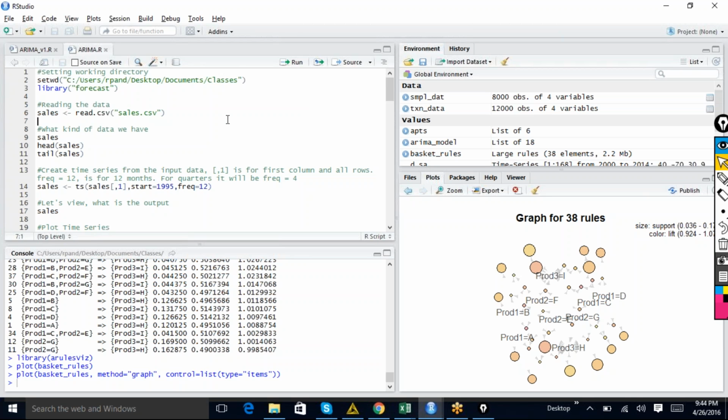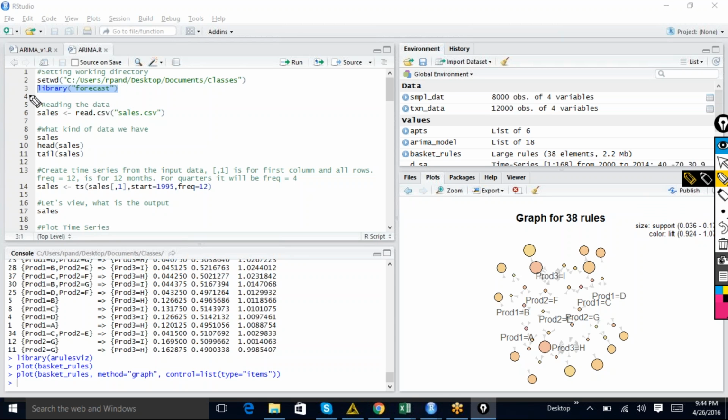So this is about forecasting, and forecasting, as we talked earlier when we started the course, is when you want to tell what exactly is going to happen in future, right? So based on the trend that you see happening now, what is it that you can see happening in the future? The package that we used for the forecasting is called forecast.